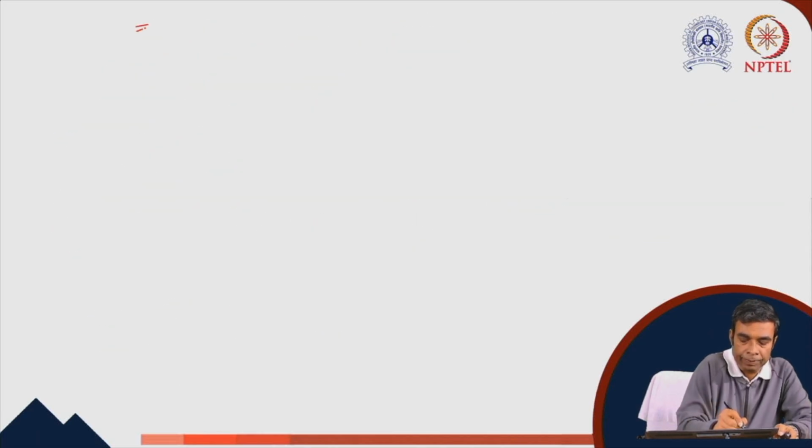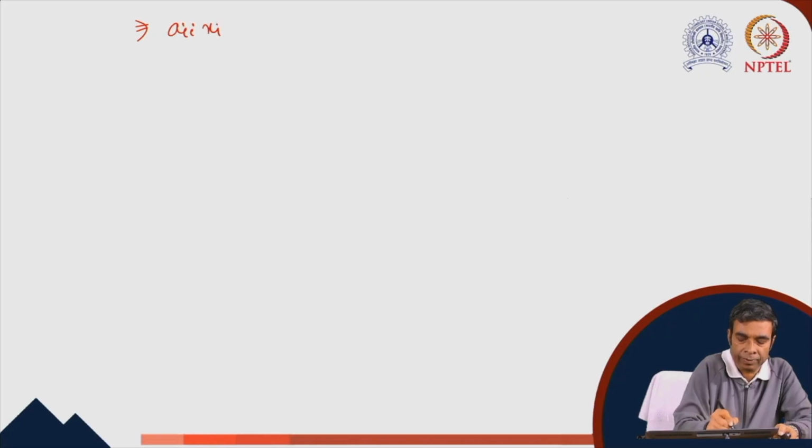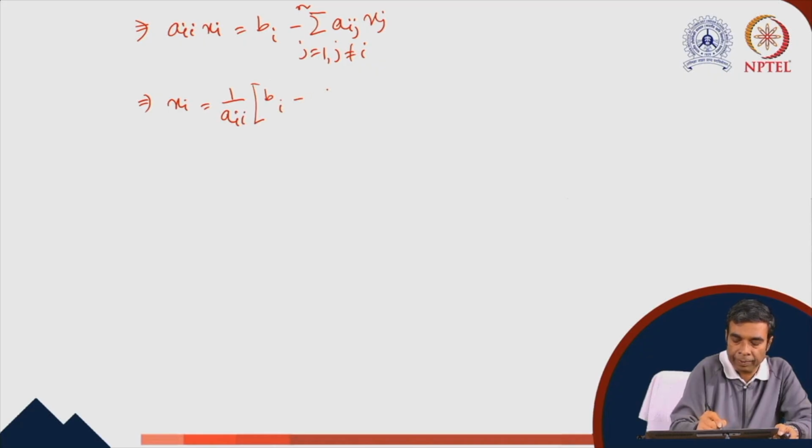We can shift the off diagonal terms to the right hand side, and then we get a simplified form as Aii xi equals Bi minus summation of Aij xj for j equals 1 to n and j not equal to i. We can again write it as xi equals 1 by Aii into Bi minus summation of Aij xj, j equals 1 to n, where j is not equal to i.